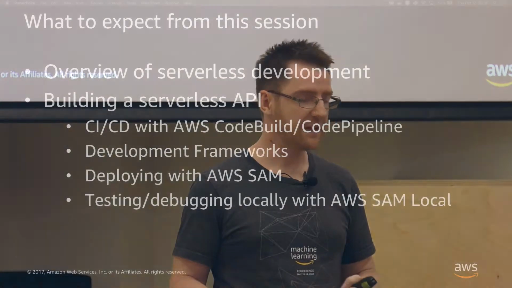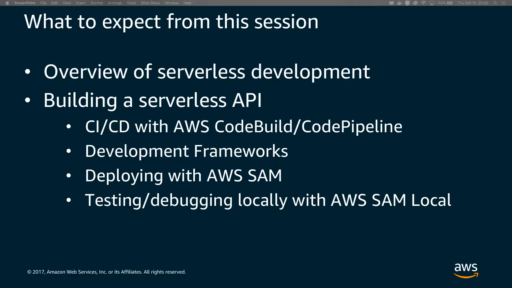My focus for today is to give you a bit of an overview of serverless and development behind it. And then if the demo gods are smiling happily on me, I'll hopefully build a very basic serverless API in front of you as well. That'll involve a number of AWS-based services like CodeStar.